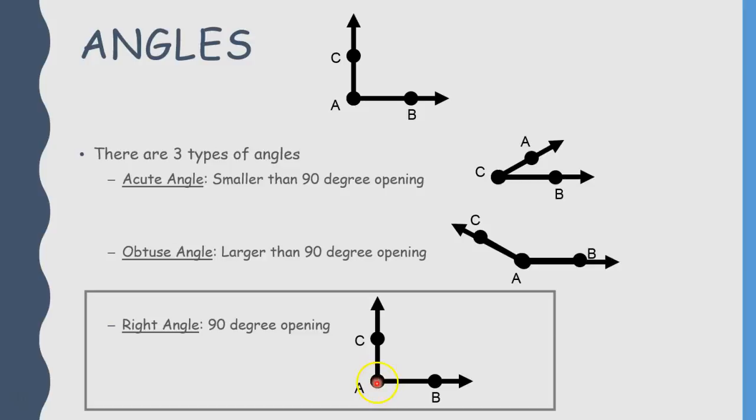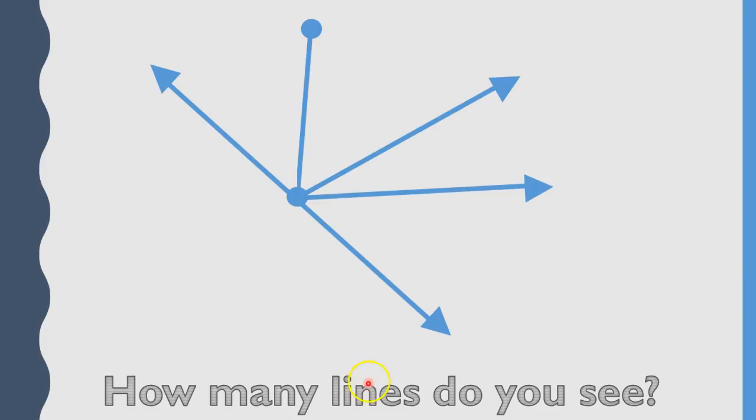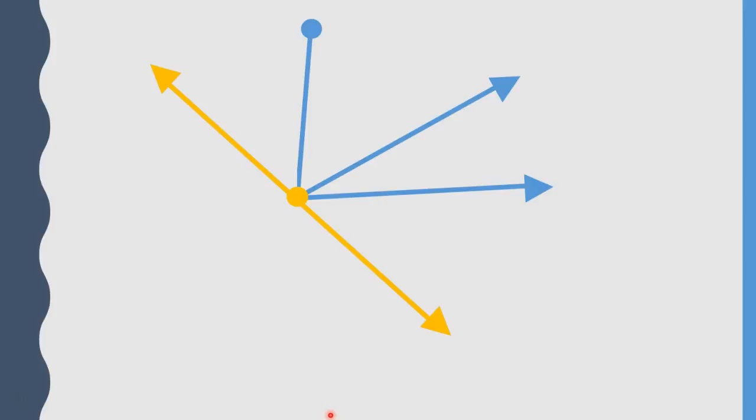Okay, so we're going to try to recognize some of these things that we have learned so far. My first question is, how many lines do you see in this figure? Look carefully. There is one line. See how it has two arrows? That's one line.